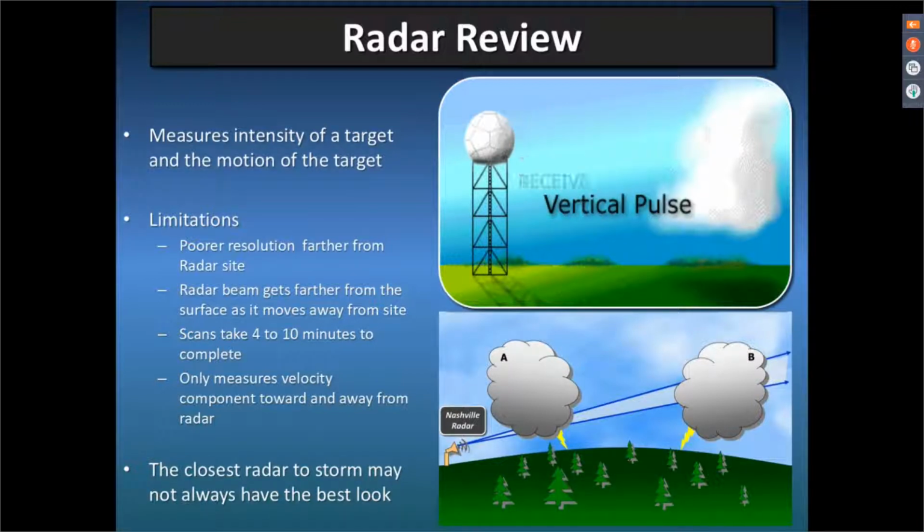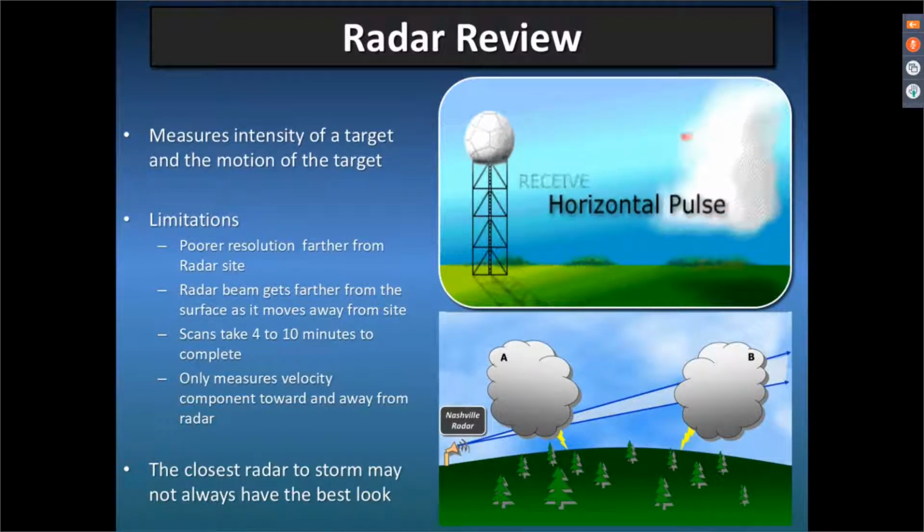And then the radar can measure what it interacted with. So that's how we see rain or snow or any precipitation on the radar, is just that energy going out into the atmosphere and coming back to the radar. And if you've got heavier rain, the radar can determine that from the energy bouncing off the source.